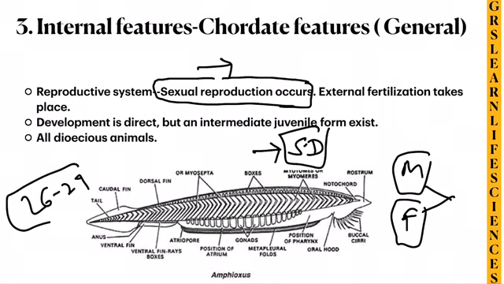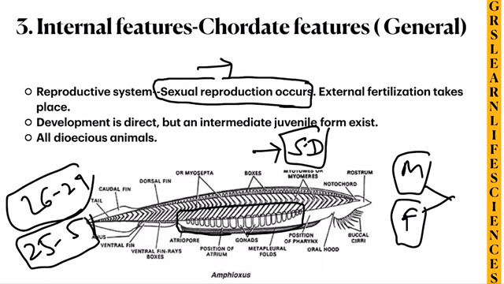So they have 26 to 27 pairs of gonads, and these gonads are present in the segments from 25 to 51. So from 25 to 51 segments, these gonads are present on the ventral side of the body. We can see them on the ventral side of the body.